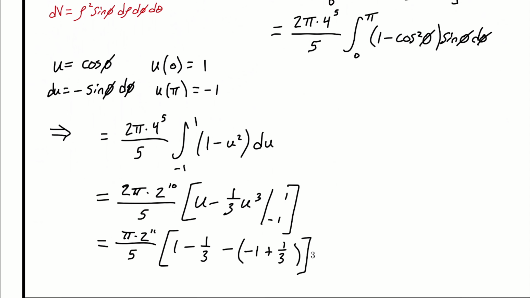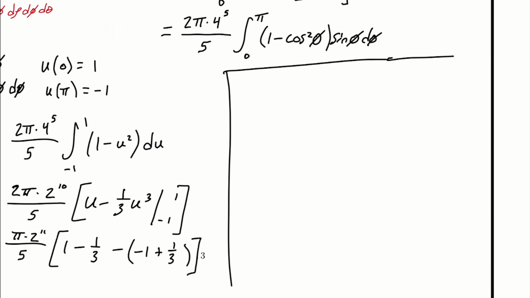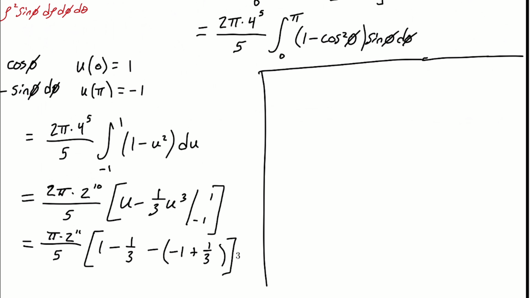So it looks like we are going to have 2 to the 11th is, I believe, 2048 times pi over 5. And this would be 1 minus minus, so 1 plus 1 is 2. And then similarly here we have negative a third minus another third, so minus 2/3.